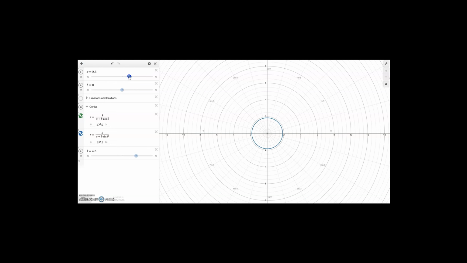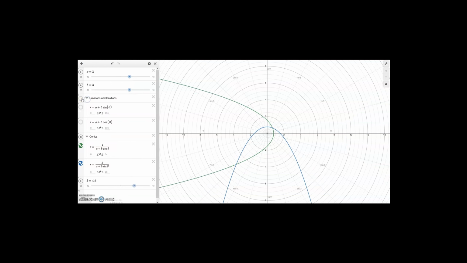Another important thing to note is that there's an interesting relationship between conic sections and limaçons. If you look at the equation, a limaçon is actually the inverse of a conic section, or rather, a conic section is the inverse of a limaçon. You can also see that when b is equal to a, or when there is a cardioid in the limaçon, it forms a parabola.